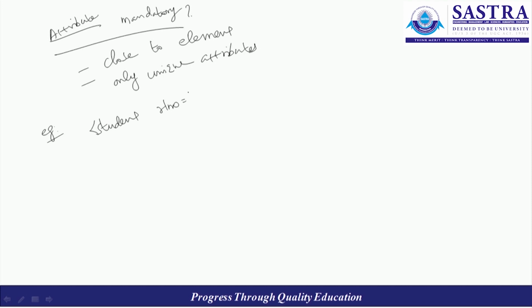Student roll number I have 110, then name I have Kavita. Look here, I have created roll number with value, name with value. These two attributes should not be repeated more than once for student. The same attribute I should not repeat.